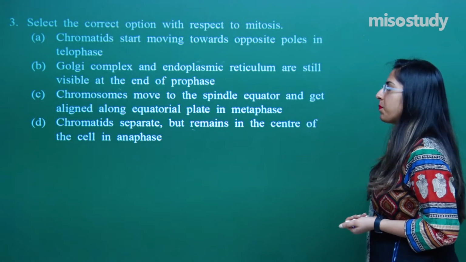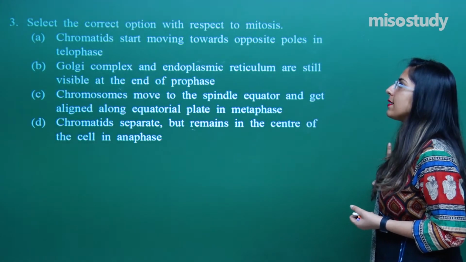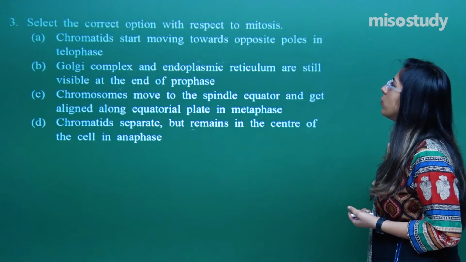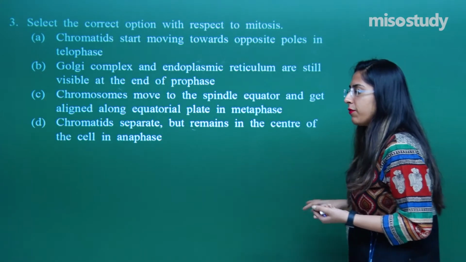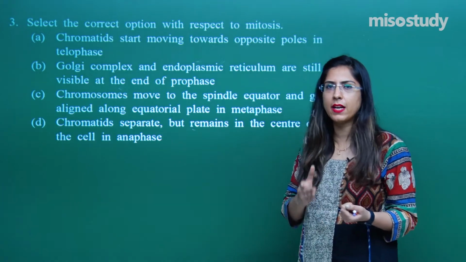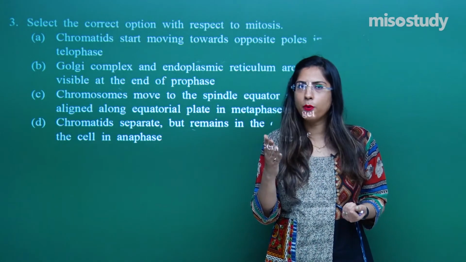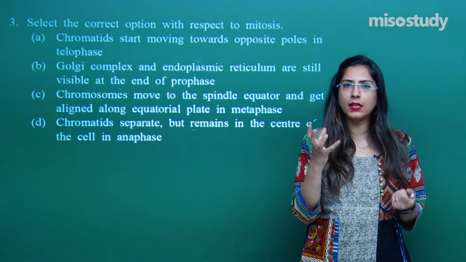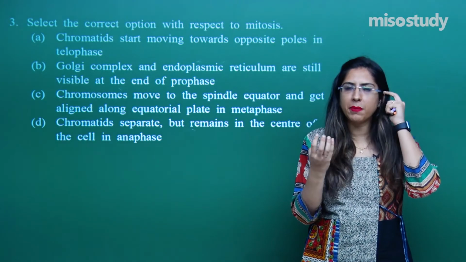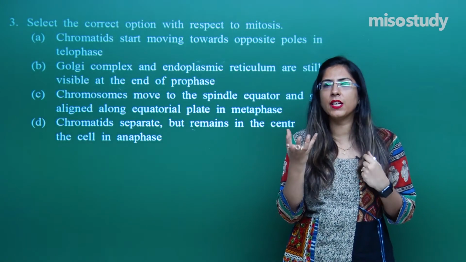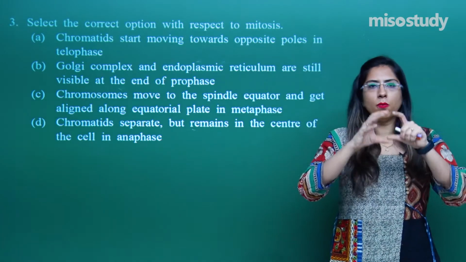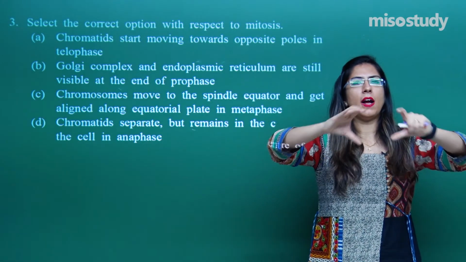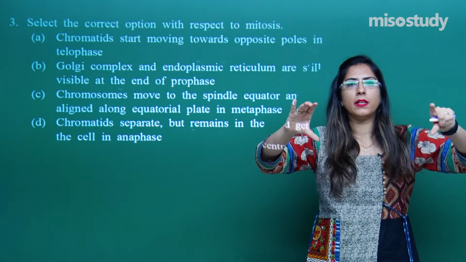Let's explore options. Option A states chromatids start moving towards opposite pole in telophase. We have studied the different phases: prophase, metaphase, anaphase and telophase. In the prophase, chromatin fiber formation occurs, the condensation of chromatin starts. In metaphase, the chromosomes start arranging themselves at the metaphasic plate or the center plate.